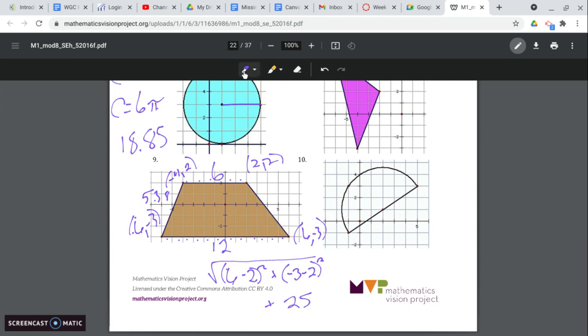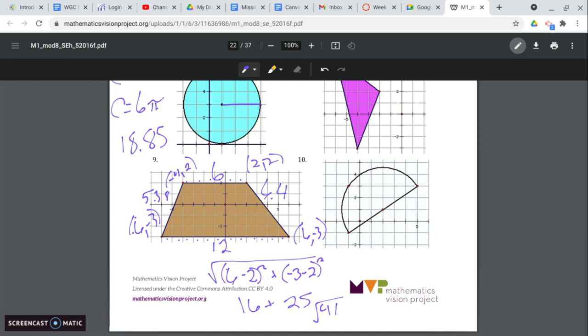We can just go ahead and write that. So 16 plus 25 is going to give us 41. So we have the square root of 41, and the square root of 41 is 6.4.